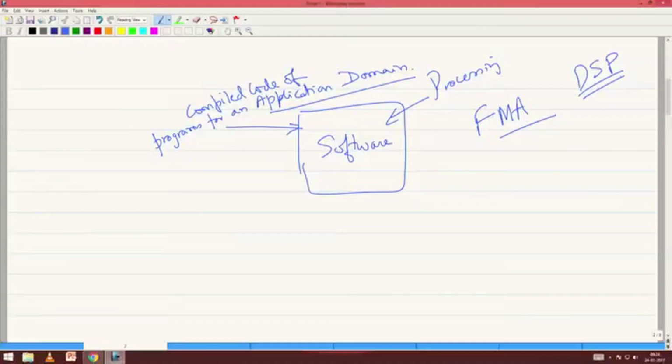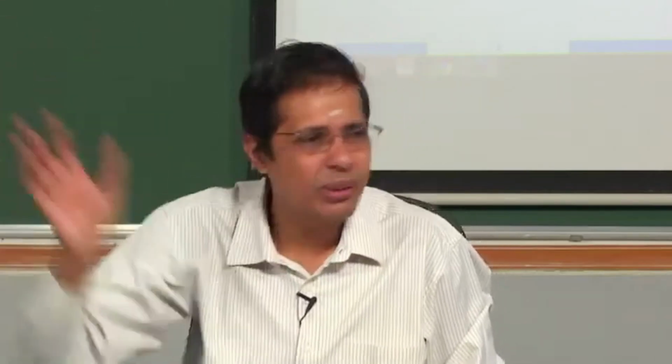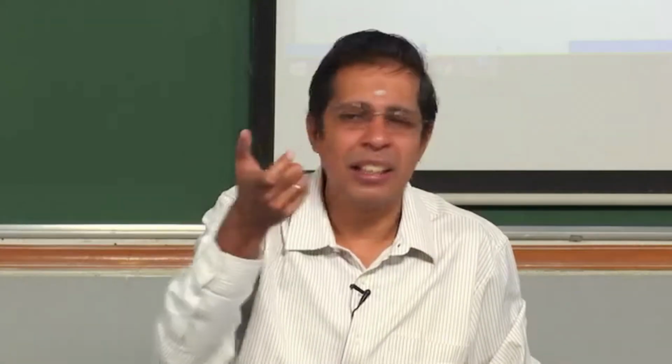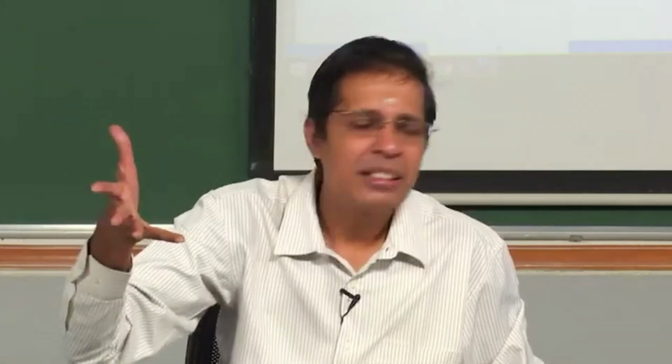If I am going to make a DSP processor, a digital signal processing processor, all that you do here is DSP. Your mobile phone has a DSP engine, which converts your radio to digital when you talk, and digital back to radio. Your signal, which is an analog signal, gets converted into digital using something called an ADC, analog digital converter.